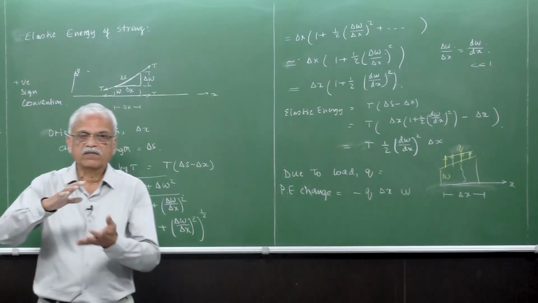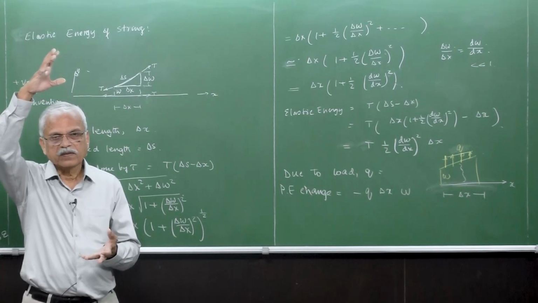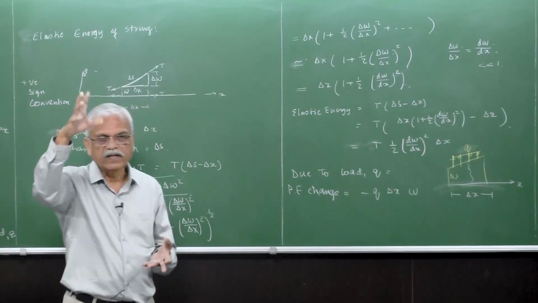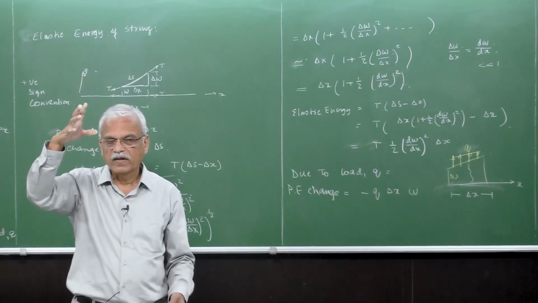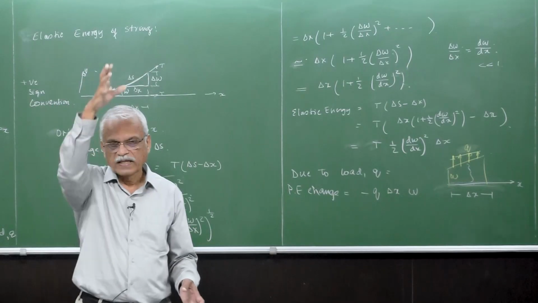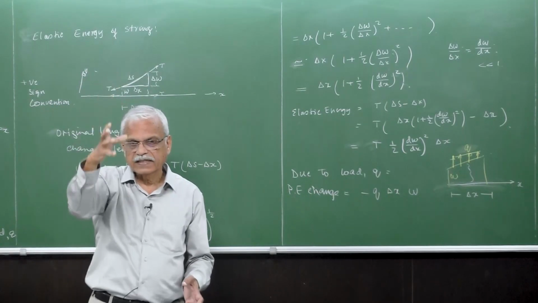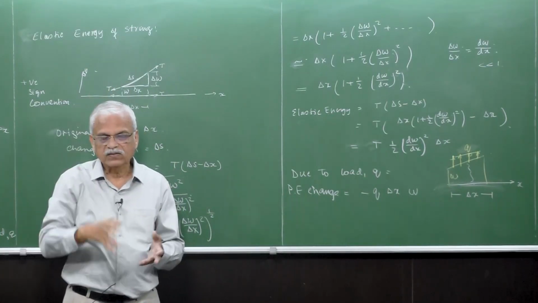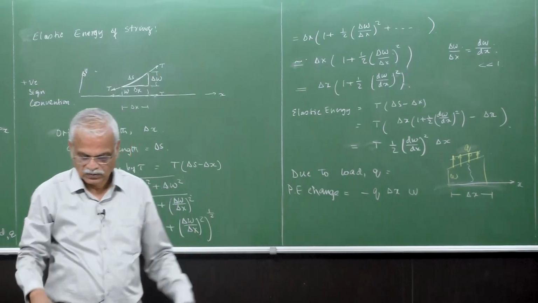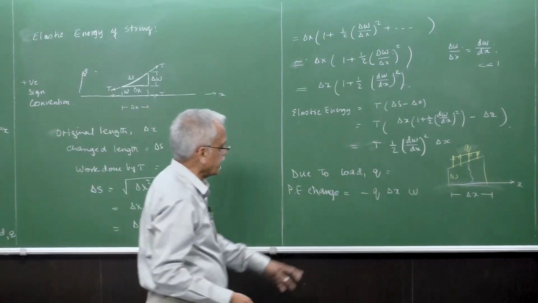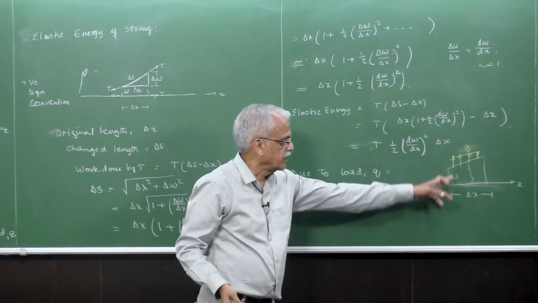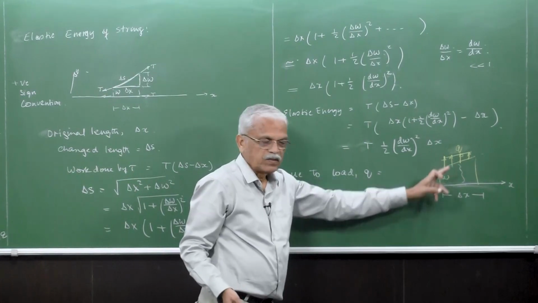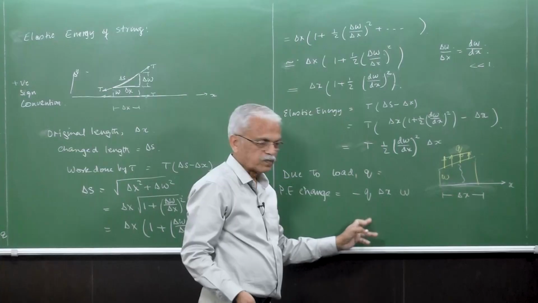Something like a body acted upon by its own weight: if it moves in the same direction as the weight, then it has lost its potential energy. So you understand. The same way here, if Q is moving in the direction of W, then it will lose its potential energy.